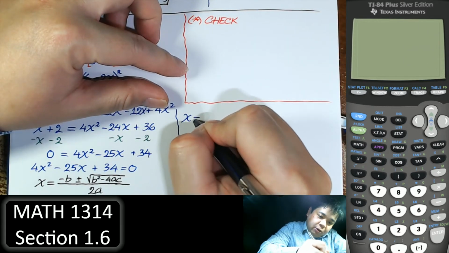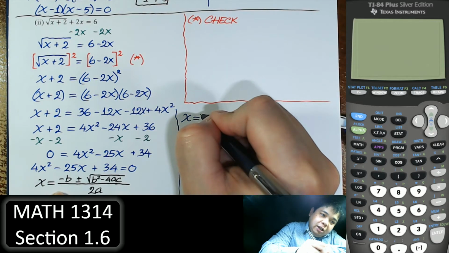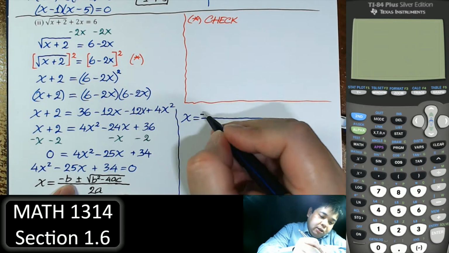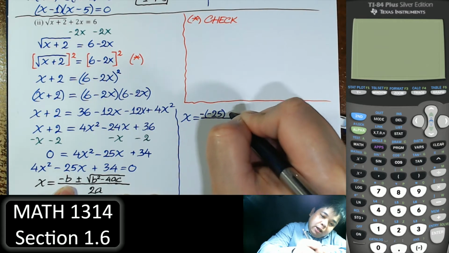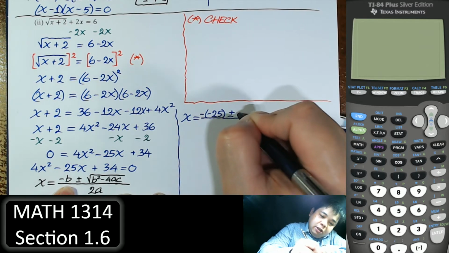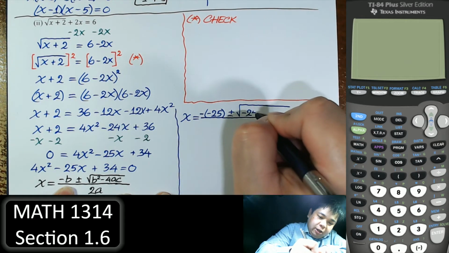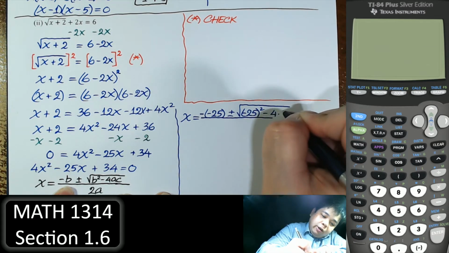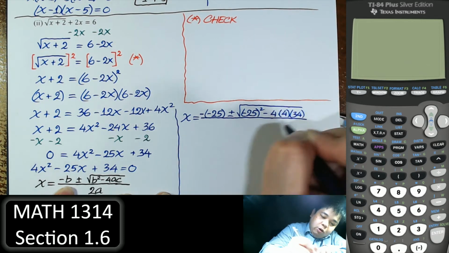So x equals negative b, plus or minus the square root of b squared minus 4ac, over 2a.